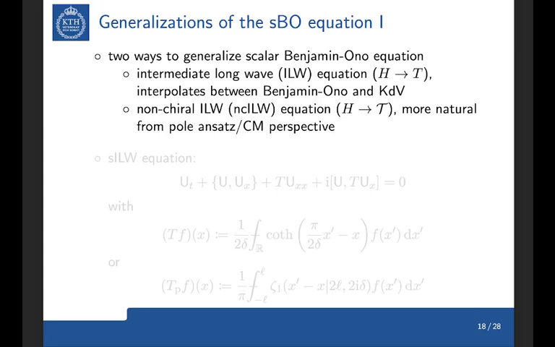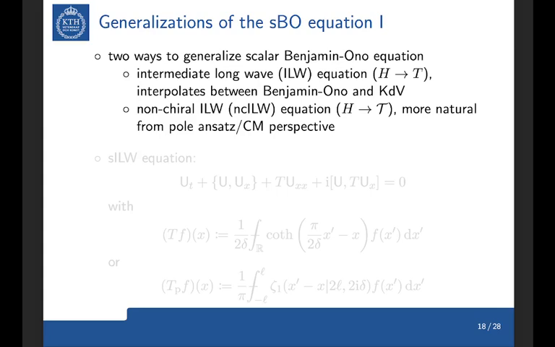A second approach, and we know this from recent work with Edwin Langmann and Jonathan Lenells, is that there's a way to replace the Hilbert transform with a matrix operator. I call this matrix T, and I'll give some details on what this means on the next slide.